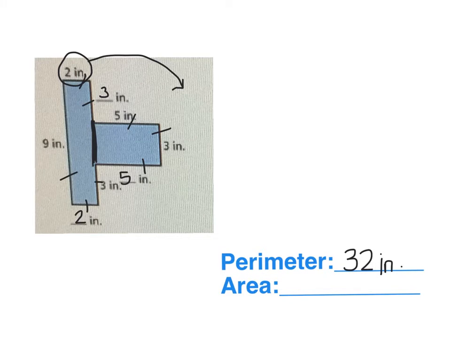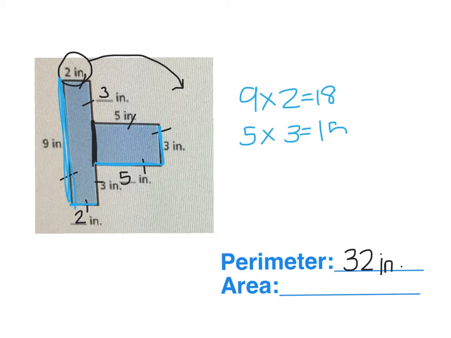Now that I have 2 manageable rectangles, I need to find the area of each and add together the areas. The length and the width of my first rectangle is 2 times 9, which equals 18. The length and the width of my second rectangle is 5 times 3, which equals 15.